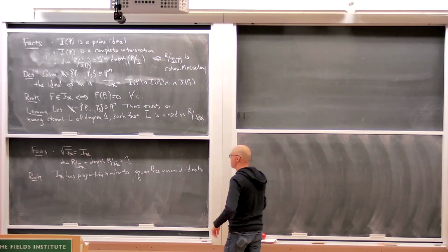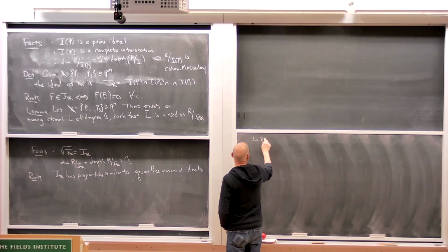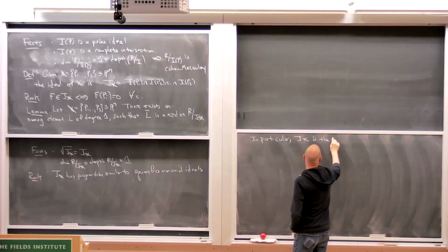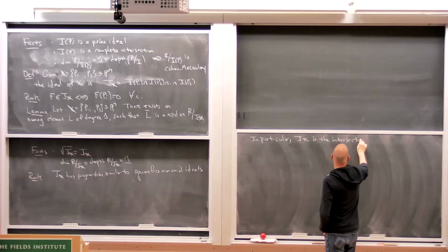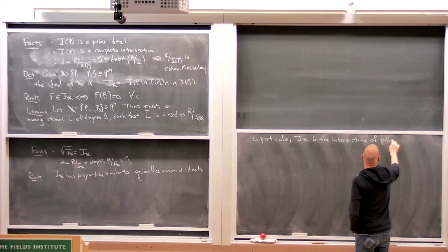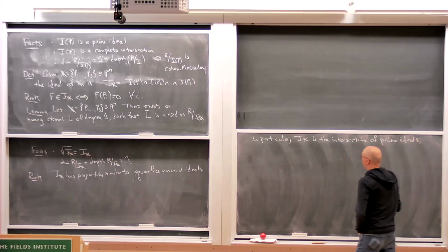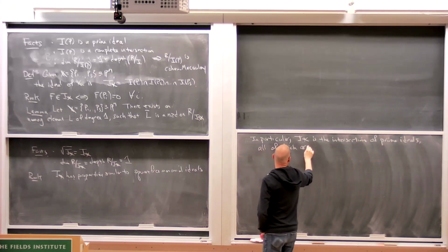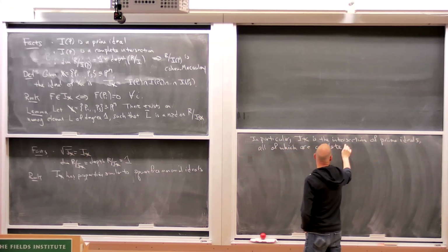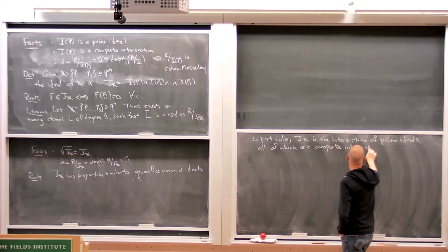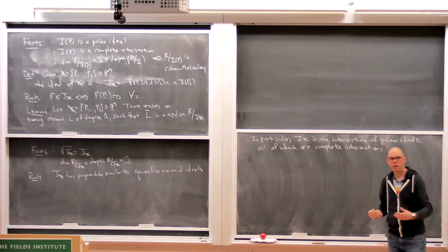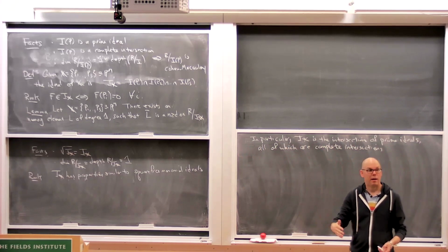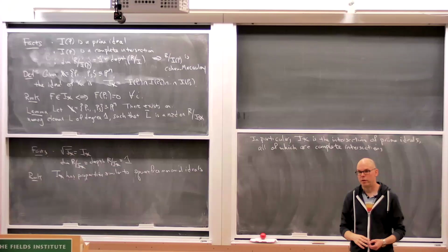In particular, I_X is the intersection of prime ideals, all of which are complete intersections. When you take the primary decomposition of this ideal, it obviously breaks down into prime ideals, but each of the prime ideals is itself a complete intersection.